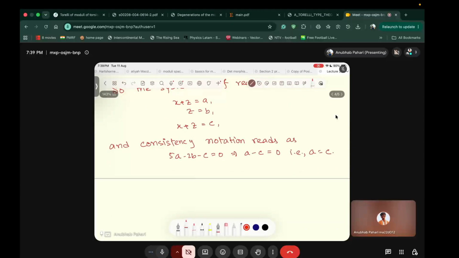Now what does this imply? That x, z are leading and y is free.